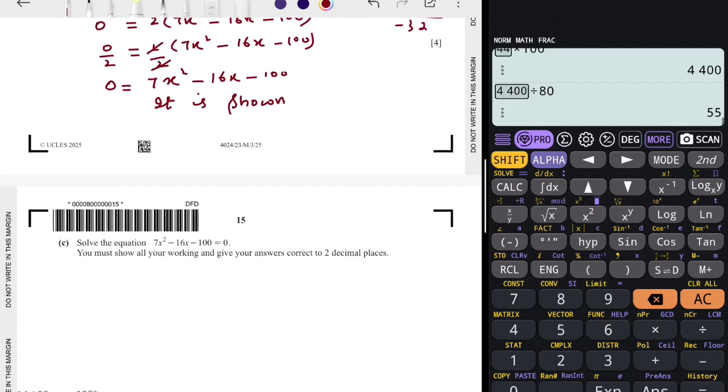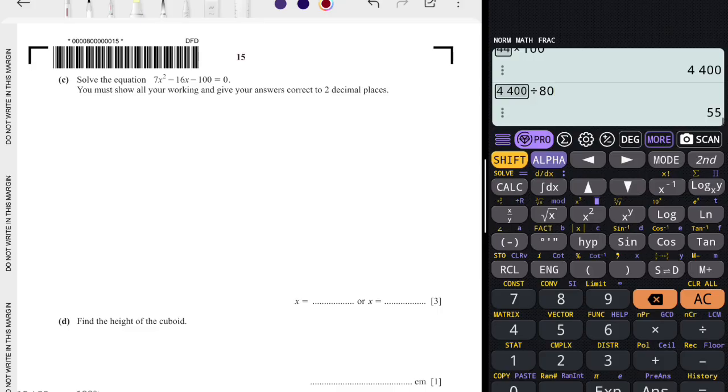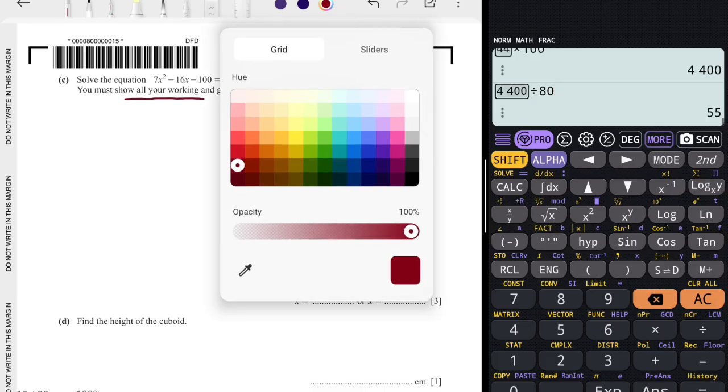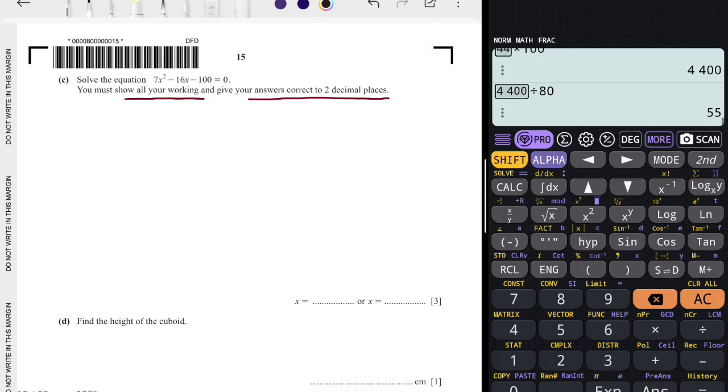Next part, solve the equation 7x square minus 16x minus 100. You must show all your working and give your answer correct to 2 decimal places. So let us use the quadratic formula, that is x is equal to minus b plus minus square root of b square minus 4ac upon 2a.